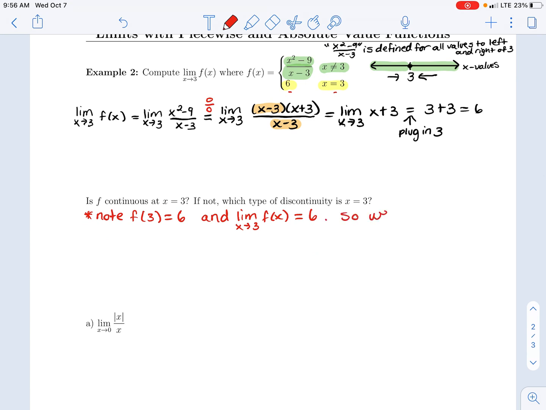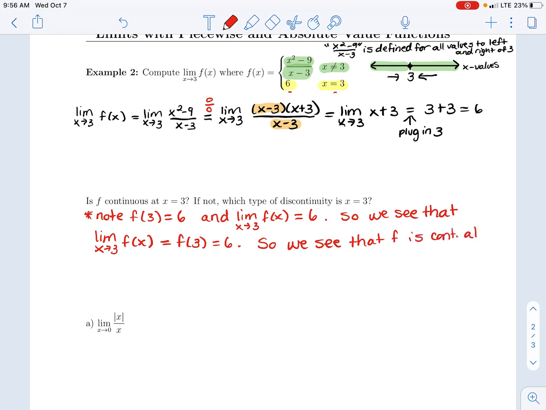And so we see that the limit as x approaches 3 of f of x is equal to f of 3, which is 6. So we see that f is continuous at x equals 3.